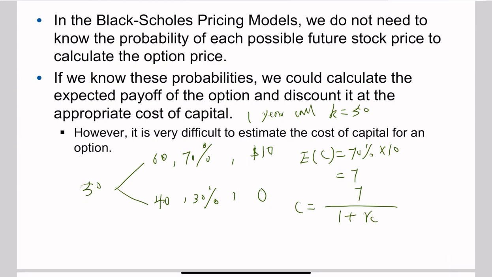Now, the question is here, or the difficulty is here. It's actually not hard to calculate this expected value, but it's quite hard to calculate the cost of capital for the call option, right? So that's the difficulty here. So that's why we did not use the discounted cash flow model to calculate the price of the call, right?